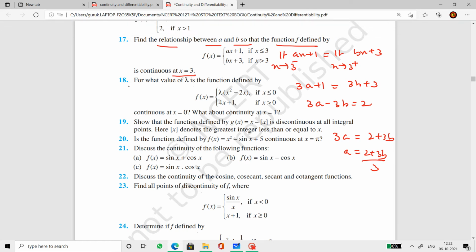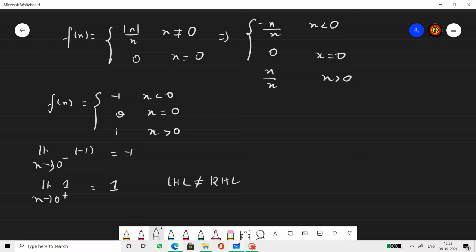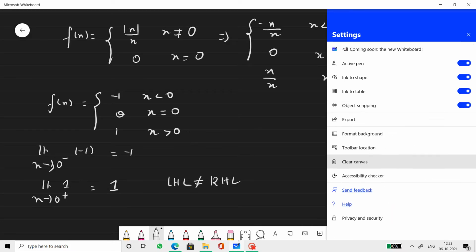For what value of lambda will the function be continuous at 0, and what about continuity at 1? When you do it for 0, limit x tends to 0 minus will be lambda times x square minus 2x.